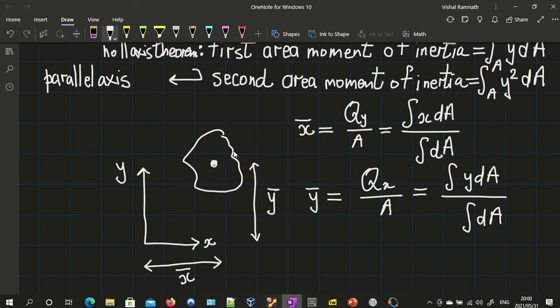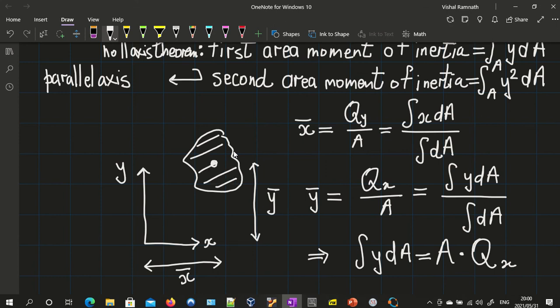The integral of y dA, what that means is, in this particular case, the y-axis is vertically upwards, the x-axis is the horizontal, and the integral of y dA is the area of all of this times y bar.